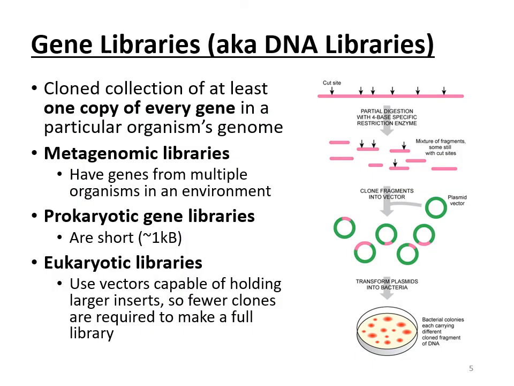Okay, so when we talk about genetic engineering, we also have what are called gene libraries and DNA libraries. Basically, this means not only are we capable of cloning single or individual genes, but now we can clone libraries of whole genomes.